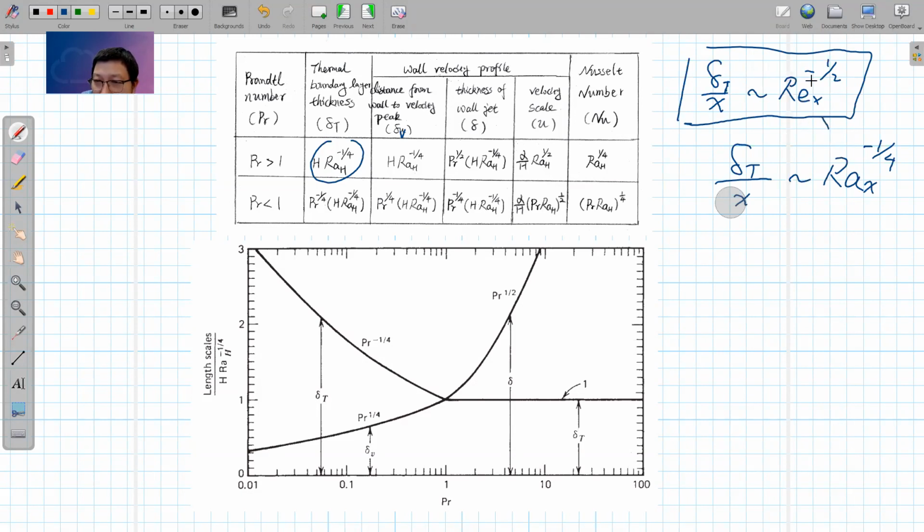If it's a forced convection laminar boundary layer, the Reynolds number tells you the boundary layer thickness, and if it's natural convection, the Rayleigh number tells you the boundary layer thickness. Another thing, we also know that the Reynolds number tells us that in this boundary layer, we have a laminar field here, and then it may suddenly become turbulent. So this can be turbulent, and this is laminar.